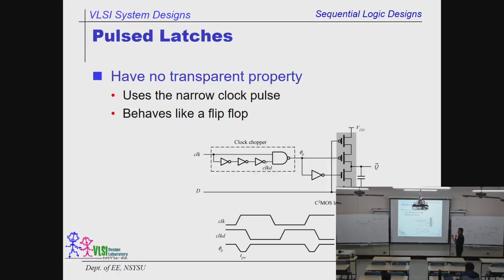We generate the narrow clock pulse so that the latch, the C-square MOS latch, will be functioning in a short period of time. And this is a cool thing. Because it is only turned on a little bit. After we carry out the function, then we stop.